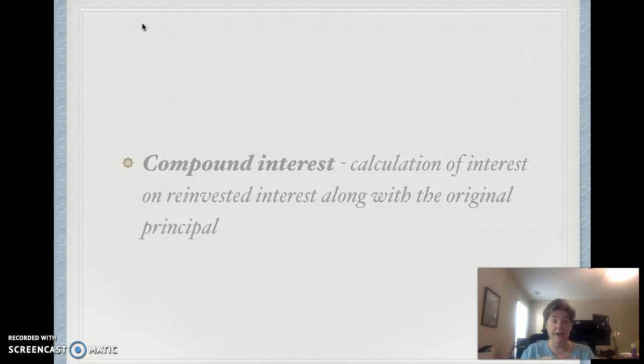I'd have $105, and the next year I would get interest on 105, not on the original 100, but on 105. Okay? And then compounding that every year means every year I'm getting more and more interest.